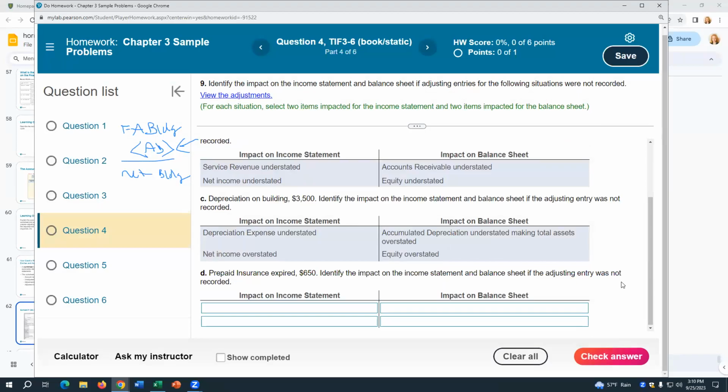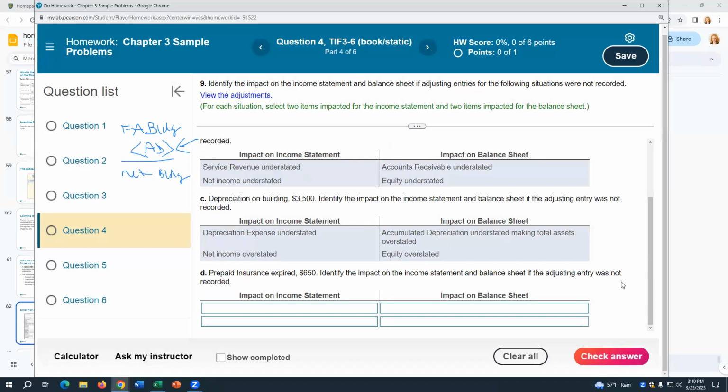Good job, okay. Prepaid insurance expired, AKA was used up, right? So if we were going to make an entry to adjust the prepaid insurance to show that it was used up, we would be moving it out of prepaid insurance and into insurance expense, right?